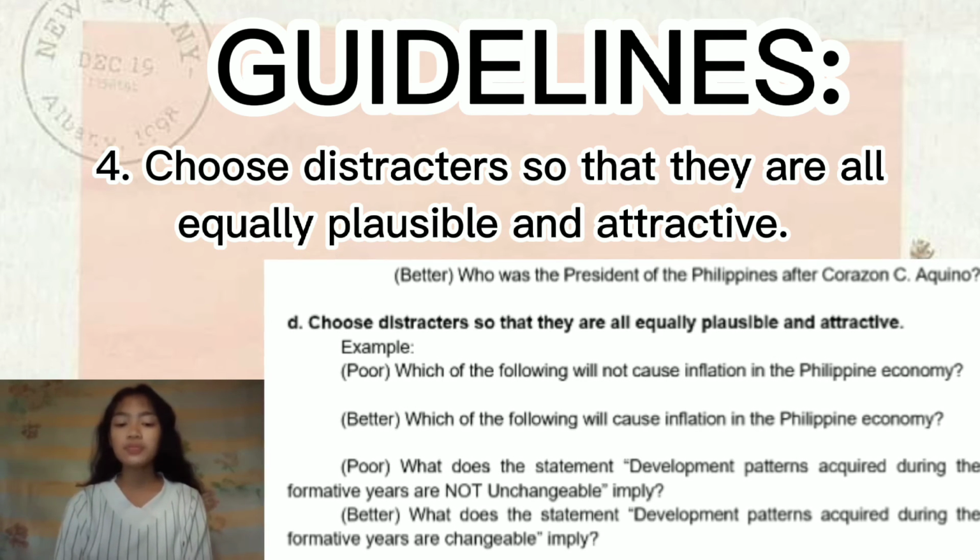Better: which of the following will become influential in the Philippine economy? Poor: what does the statement developmental patterns that occurred during the primitive years are not unchangeable imply? Better: what does the statement developmental patterns that occur during the primitive years are changeable imply?